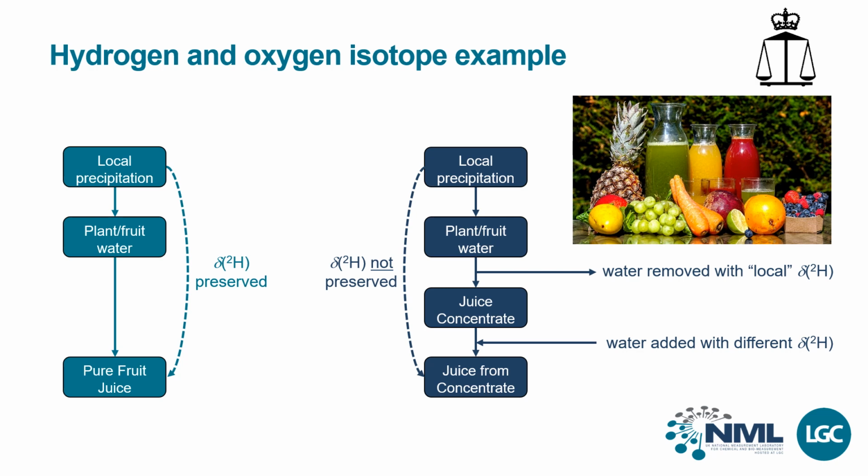Alternatively, juices that are dehydrated, shipped and rehydrated with water at destination may have differing isotopic compositions due to changes in the deltas from the provenance water and the water used for reconstitution. It is therefore sometimes possible to distinguish fruit juices labelled as from concentrate from those that are not.